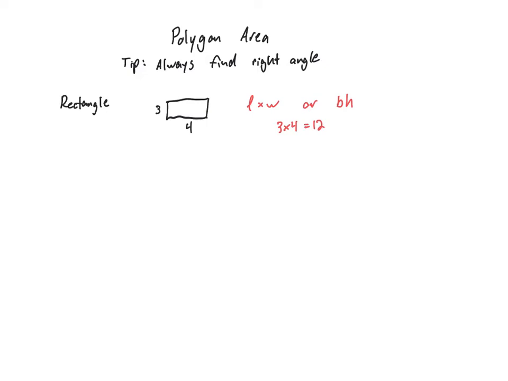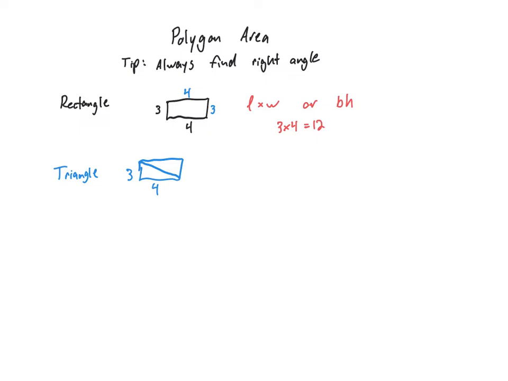Alright, next let's go to a triangle. Well, we can easily make this rectangle up here into a triangle. Let's just start with that again by cutting it from opposite right angles.